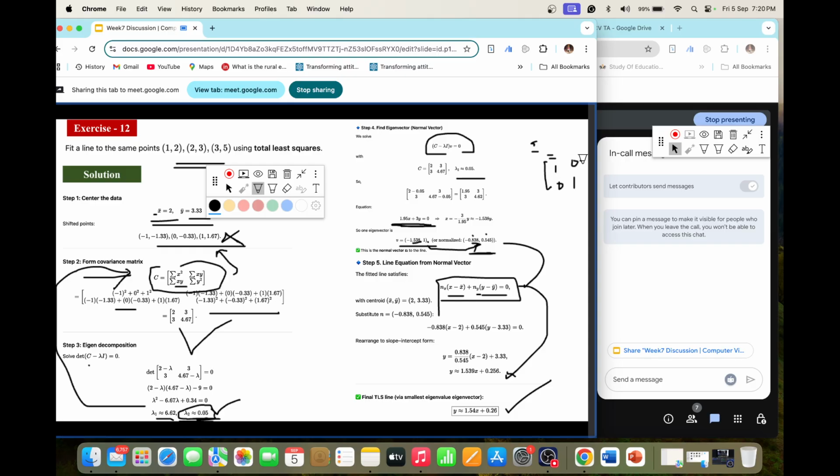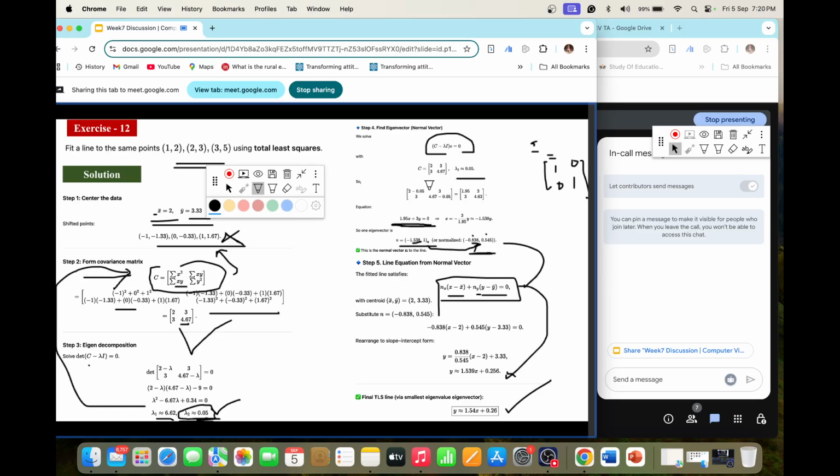Apart from the diagonal you don't have values. So only focus on the diagonal. Our diagonal is 2 and 4.67, and this 3 will remain the same. So 2 minus 0.05, similarly 4.67 minus 0.05, into v, that will be equal to 0.